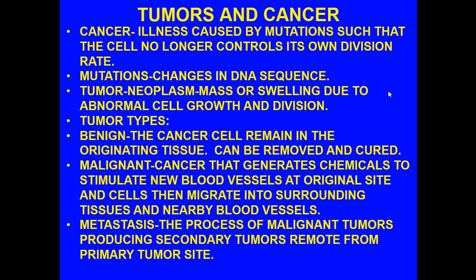Metastasis is the process of a malignant tumor producing secondary tumors remote from the primary site. Think of it this way: if I start with a stomach tumor, the tumor starts growing, and eventually the cancerous cells start moving into the blood system and then go into other areas, such as my lung or my bone or other parts of my digestive system or up into my brain.